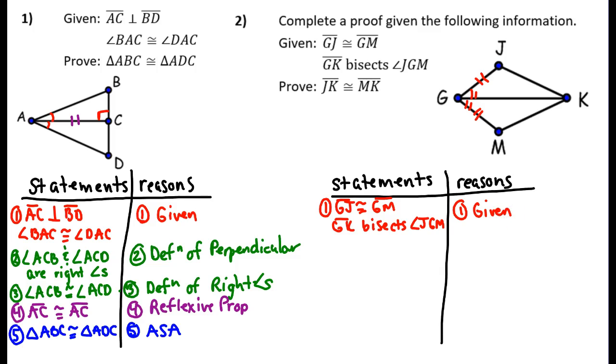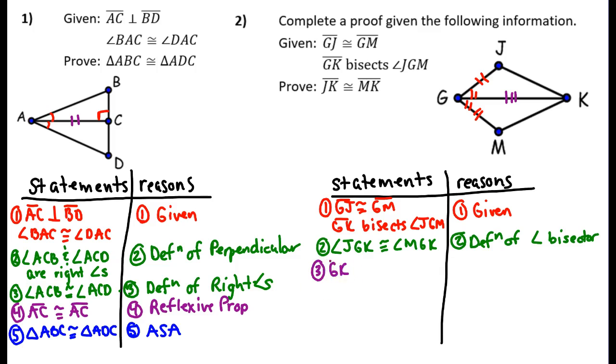Okay, so then next I'm going to talk about angle JGK being congruent to angle MGK, and the reason for that is the definition of angle bisector. So now I have a side congruent and I have an angle congruent. The next thing that I'm going to talk about is this line being congruent to itself because of the reflexive property.